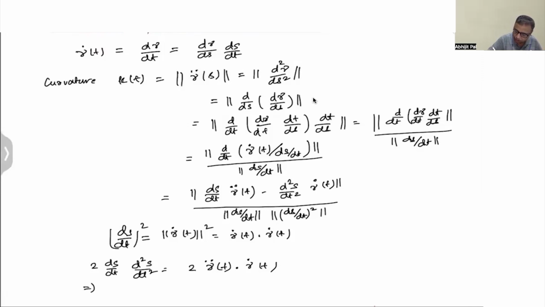So this 2 will cancel. What we have now is ds/dt multiplied by d2s/dt2 is equal to the dot product of the acceleration vector and the velocity vector.